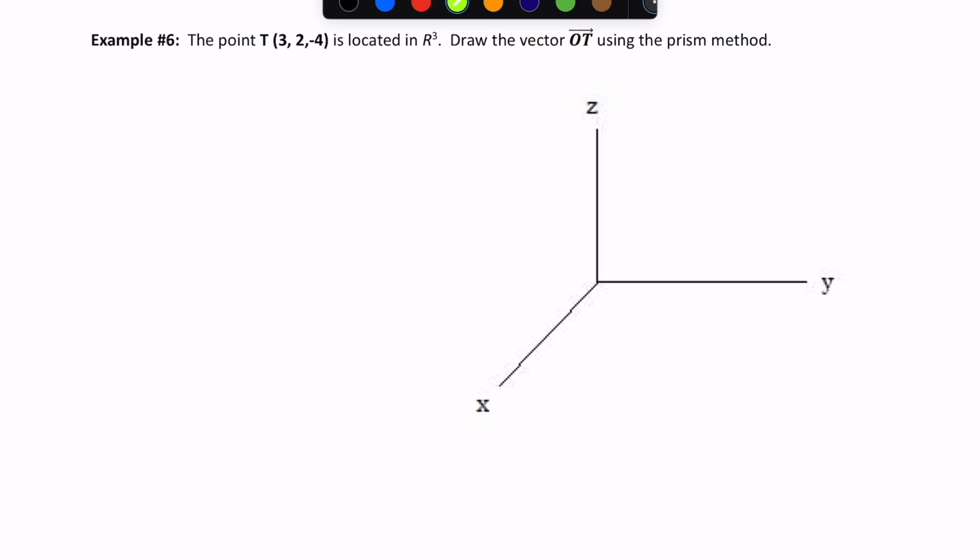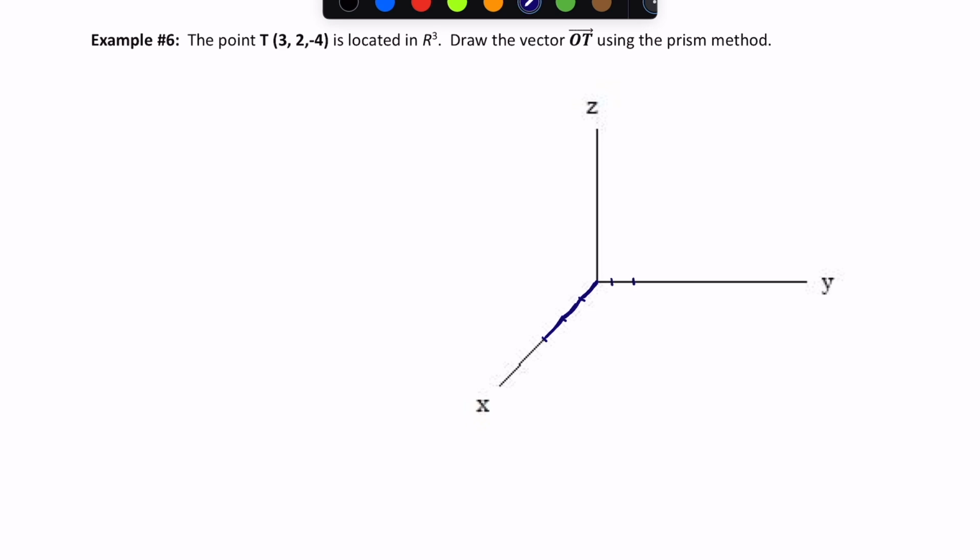Okay, so here, again, when we look at it, it moves 3 units. So here we'll just label this, 1, 2, 3 approximately. So again, use 3 units on the x. So 1, 2, 3. It moves 2 units on the y.